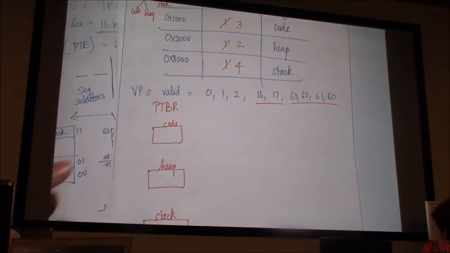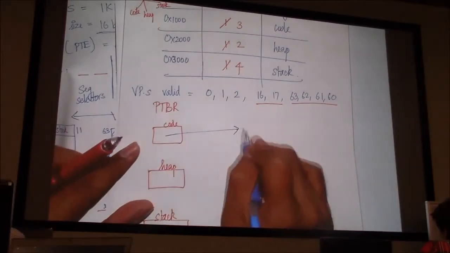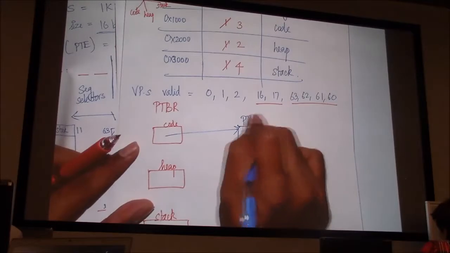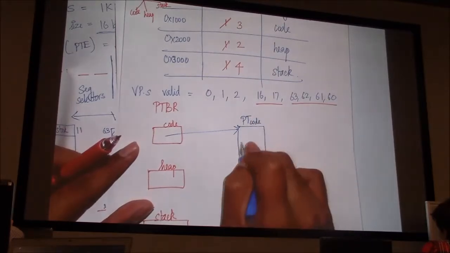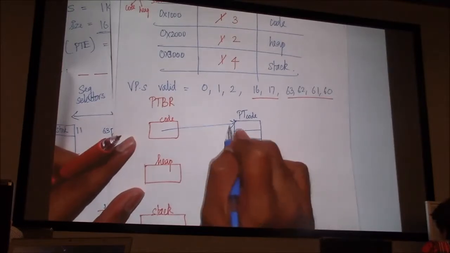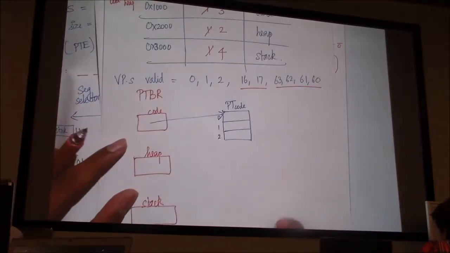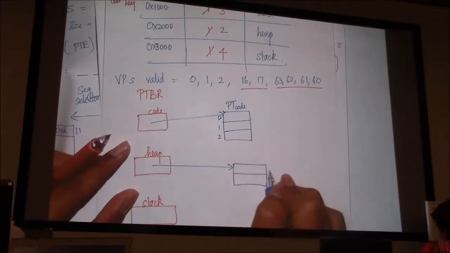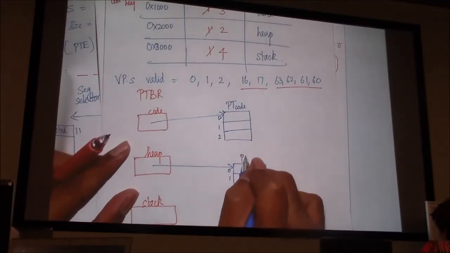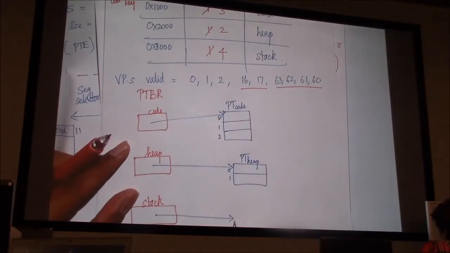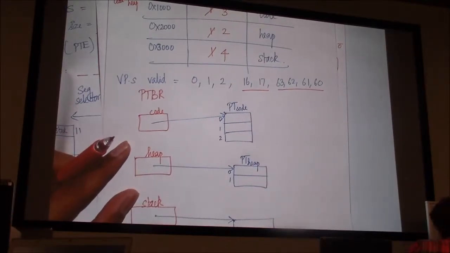And this is pointing to some page table, the page table for the code, and it has only 3 valid entries. Entry 0, 1, and 2 are valid. This is pointing to some page table which has only 2 valid entries, 0 and 1. This is the page table for the heap. And here we are going to point to a stack which has 4 valid entries.